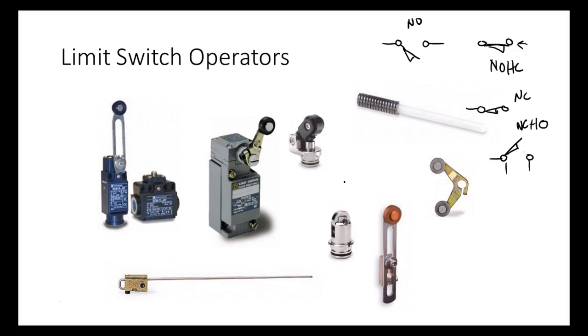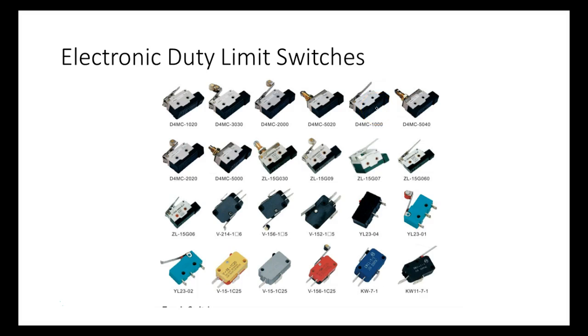You could run a motor off the limit switch. These others are basically designed, first they're really small, and they're used just to send voltage into a PLC, and then let the PLC control the relay that controls the load.